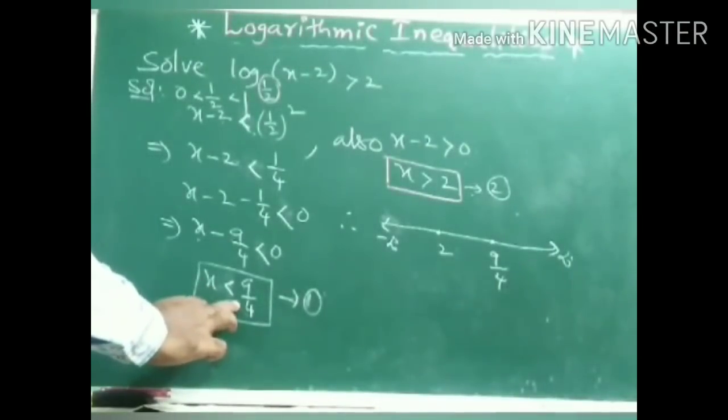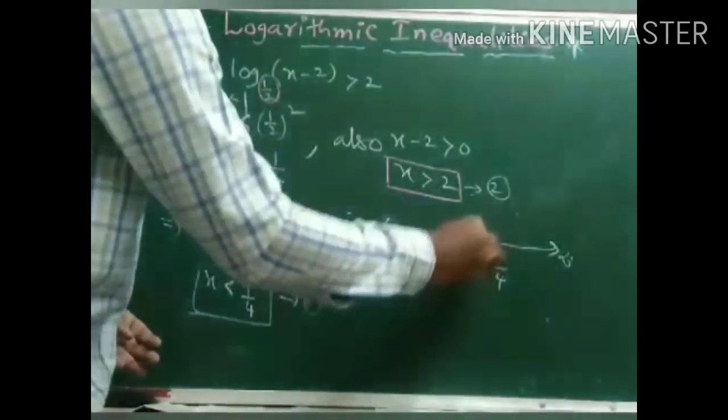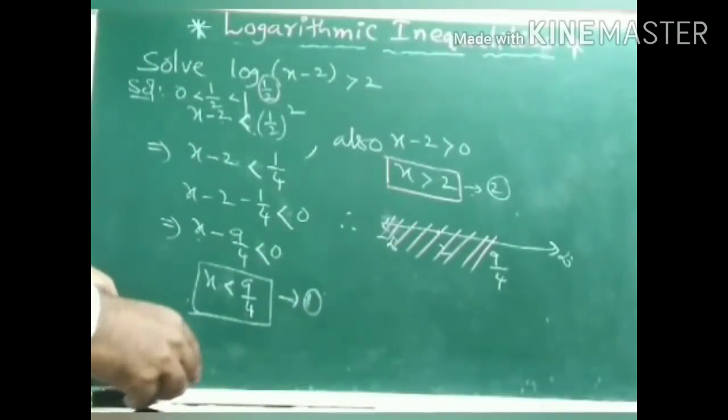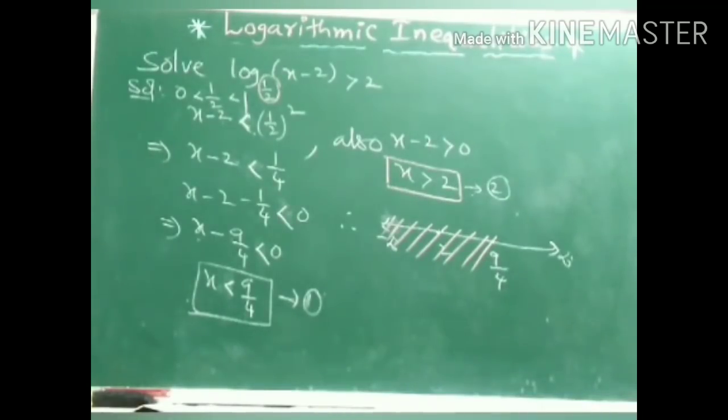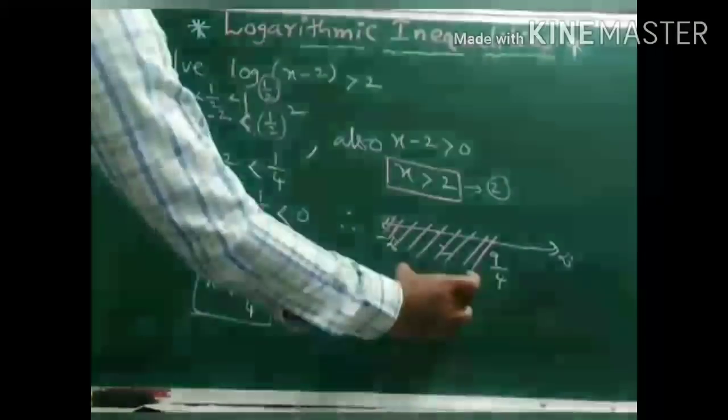Now case 1, the solution is less than 9 by 4. So this is the region which shows less than 9 by 4.